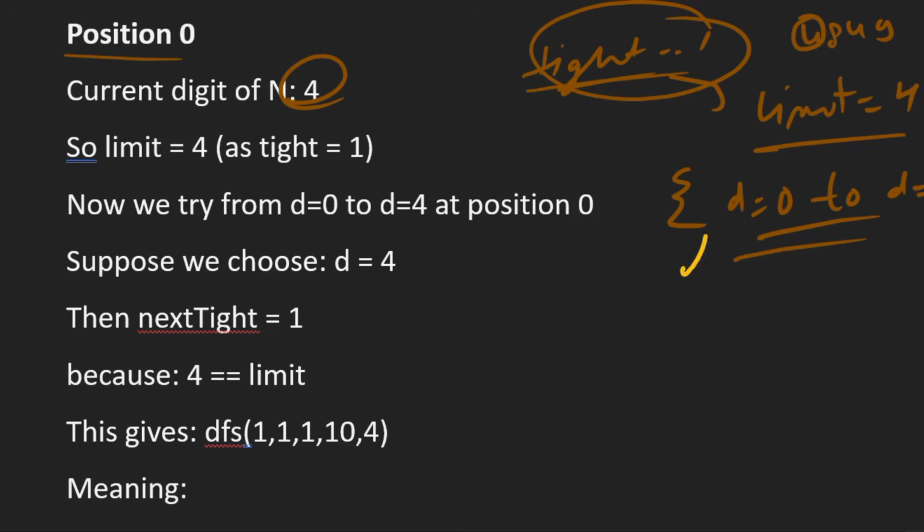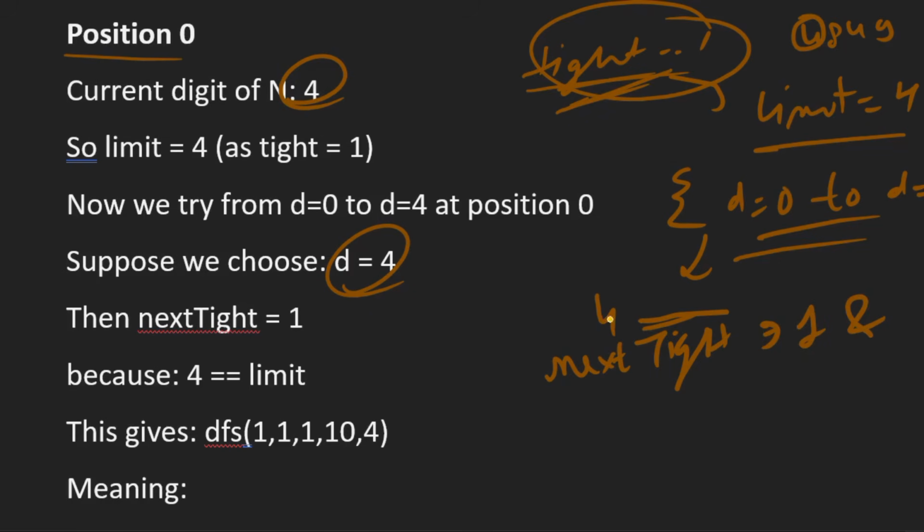So suppose we have chosen d equal to 4 at position 0. Now we need to find next tight. So next tight is current tight, which is 1, and whether we have chosen d equal to limit.